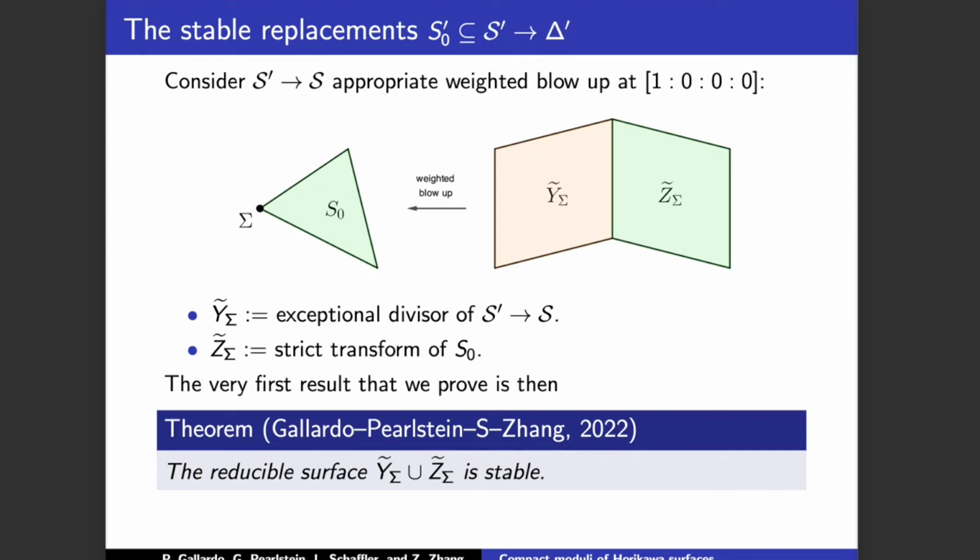Actually, it took some time to try to write down some sort of discussion that is organic as much as possible across the 8 singularity types, because each one has its own perks, its own characteristics. And so the very first main result, you need to make sure that this reducible surface we just produced is stable.